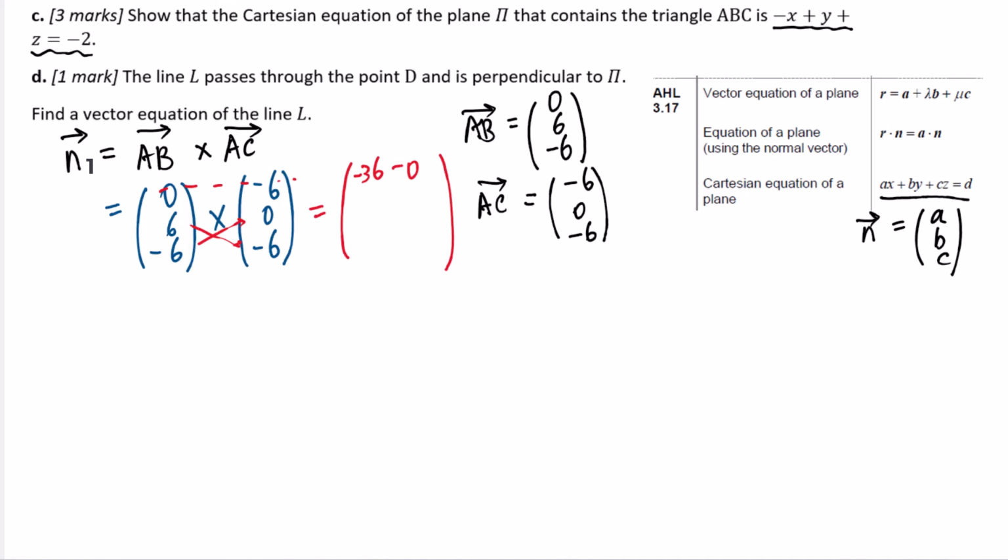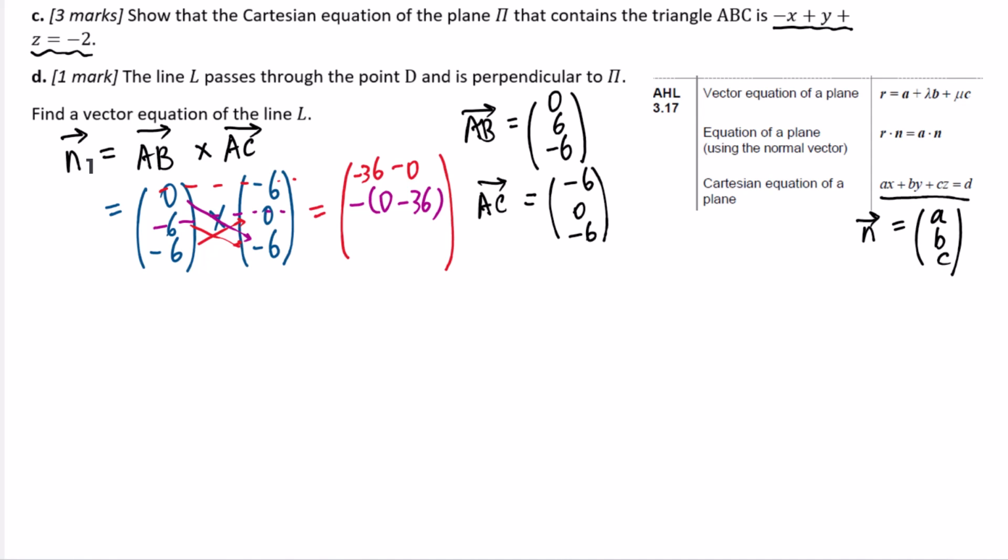Second step, cross out the second row. Since this matrix is separated, we put the negative sign. 0 times -6 is 0, minus -6 times -6 is 36.